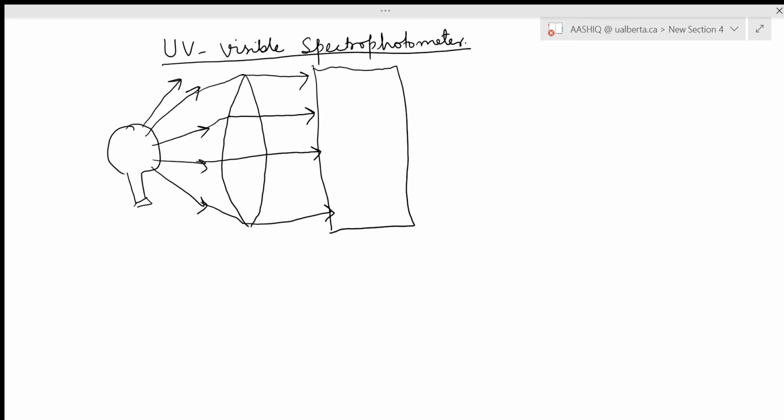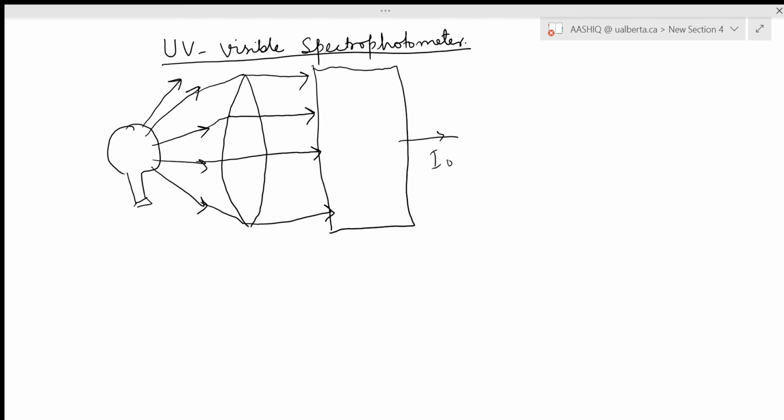So we need a monochromatic light so that we have an idea about the wavelength of the incident radiation. We only need monochromatic radiations to enter our sample. So what we need here is a dispersing element which will select a single wavelength from all these radiations. So that is the function of this dispersing element. How it happens, we'll discuss that later.